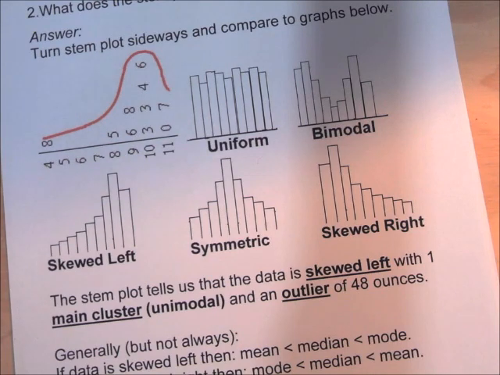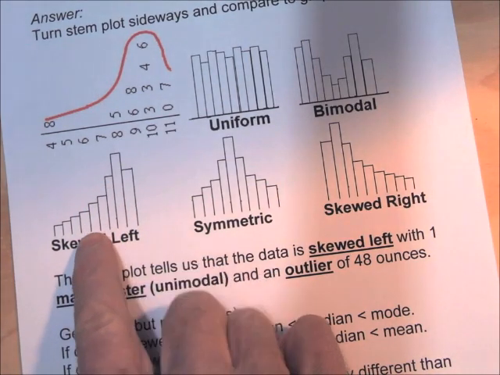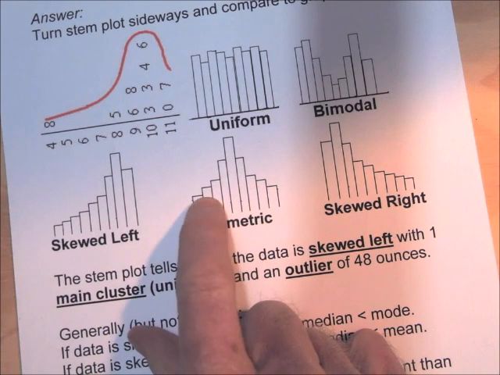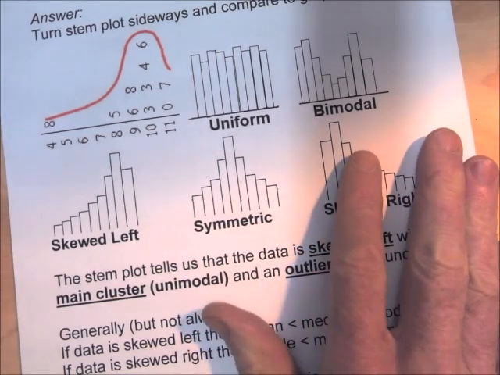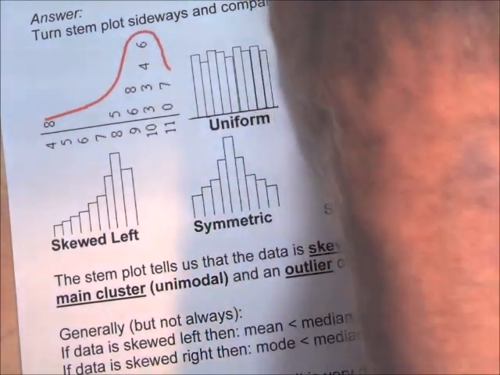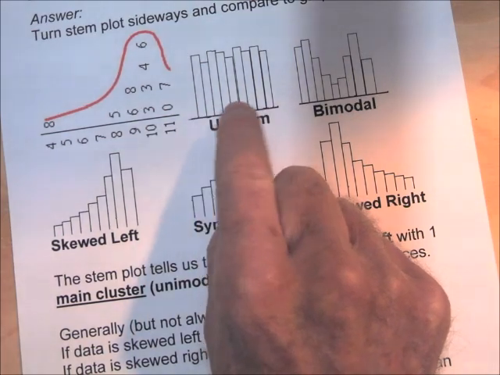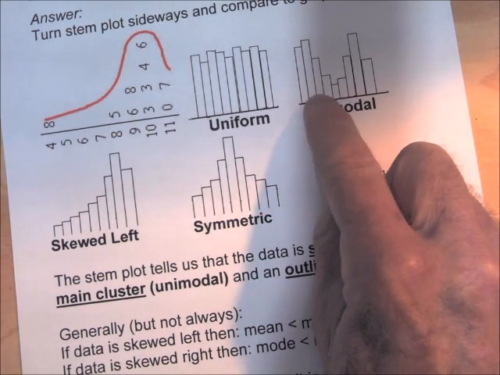There's other shapes that you might have. Ours was skewed left. We have the longer tail on the left. It could be symmetric. The left side is the mirror image of the right side. It could be skewed right. The longer tail's on the right. You can have a uniform distribution where the birth weights are pretty much evenly spread out over that interval. Or you could have a bimodal distribution.